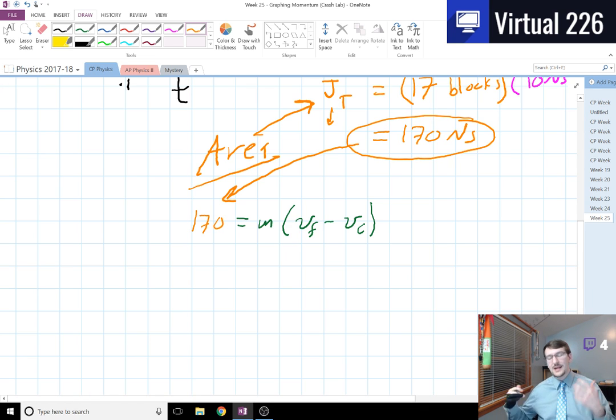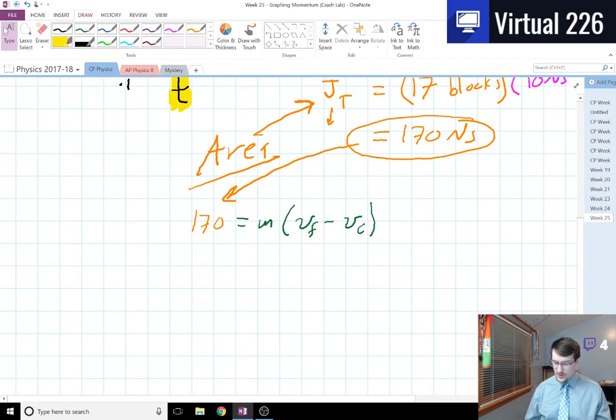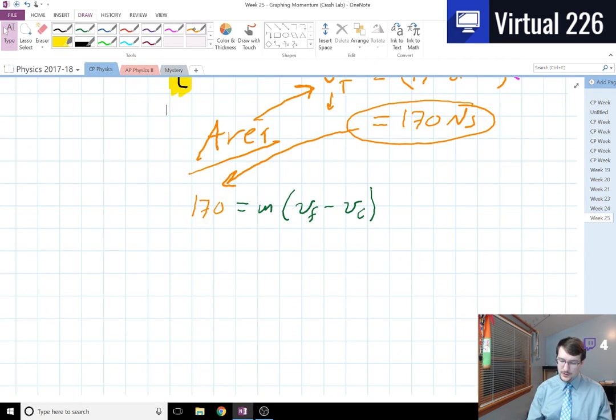We found it. That's the area under this curve. It was a force multiplied by a time to get that area. So now that we've found the total impulse here, if we're given something else in the problem, maybe a mass, maybe a velocity, whatever it is, we can work around and solve for the unknown variable.